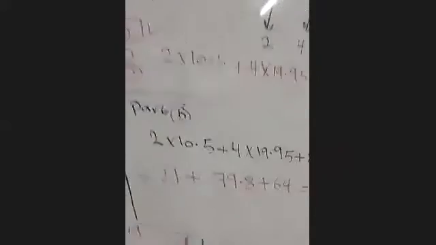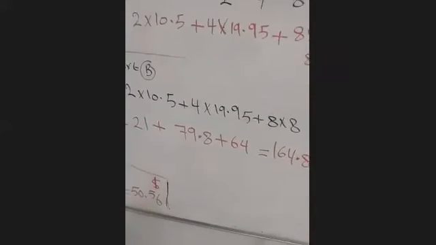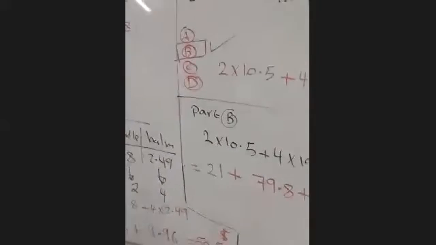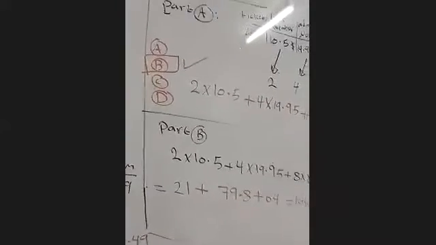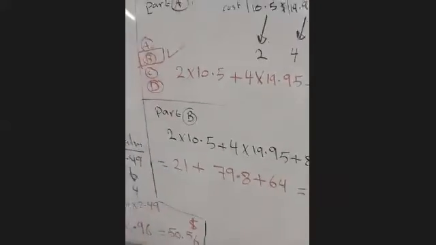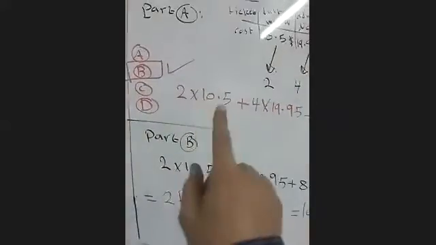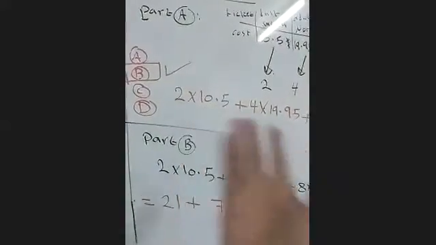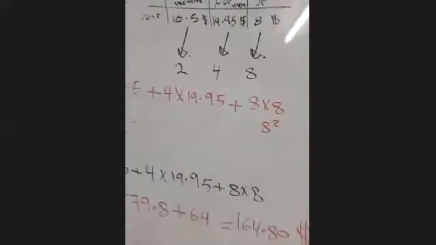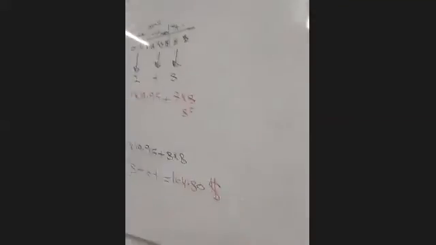In the calculation. When you do 2 multiply 10.5, Mister, how do we multiply 2 by 10.5? It's multiply by a decimal. You don't know how to multiply? No, I know how to multiply, but I understand, just not very well.